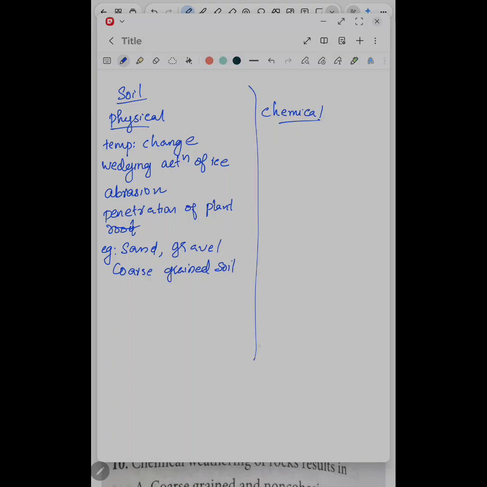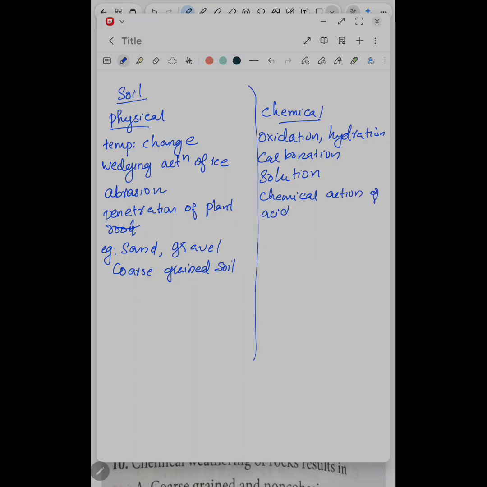Next comes chemical weathering. Chemical weathering is mainly due to oxidation, hydration, carbonation, solution or chemical actions of acids, alkalis in water, air, glaciers, etc. That's also another reason for chemical weathering.